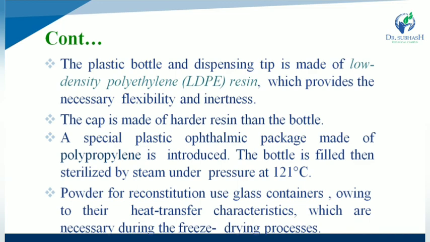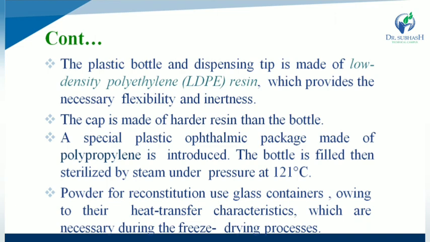In a special plastic ophthalmic package made of polypropylene, the bottle is filled and then sterilized by steam under pressure, by autoclave at 121 degrees centigrade and a pressure of around 15 lb.